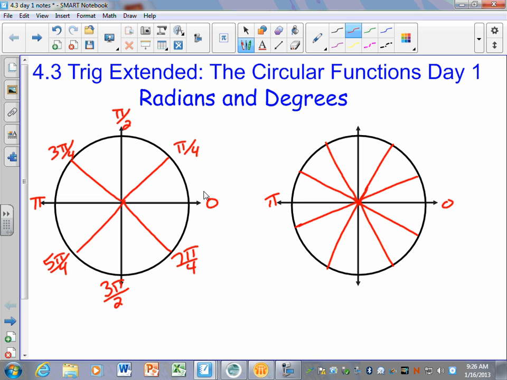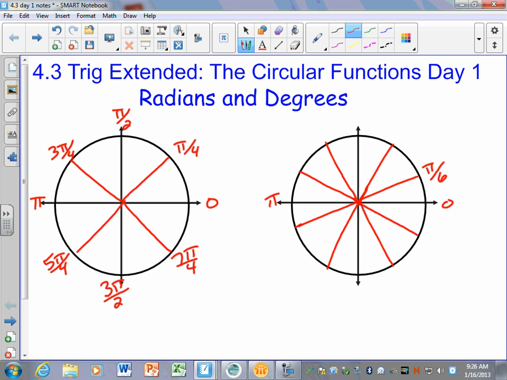Again, think about just in terms of pi when you're doing this. If you're going from 0 to pi and you break it up into 6 equal parts, how much is each little section? Yeah, it's 1/6 of pi. So this is pi sixths. And if you know that first one, you just count by sixths every time.